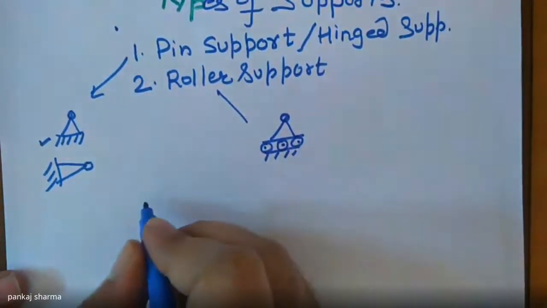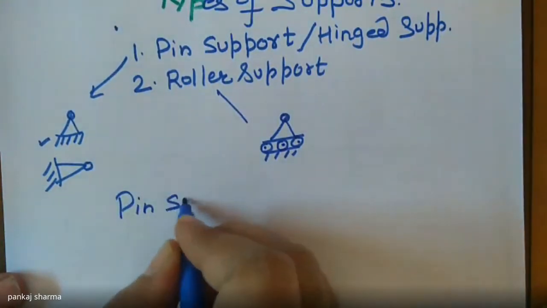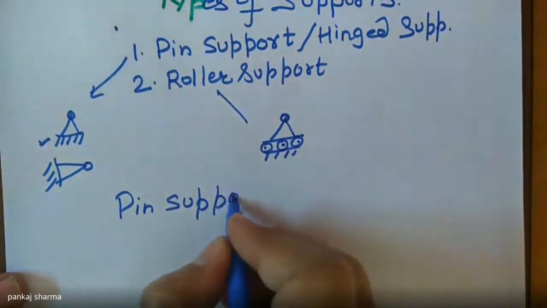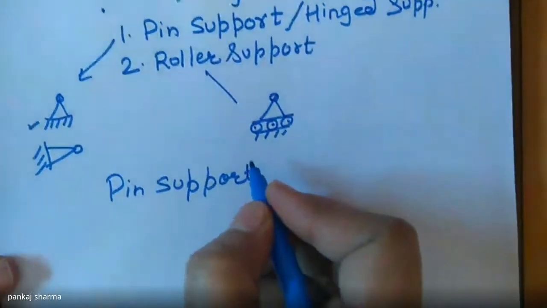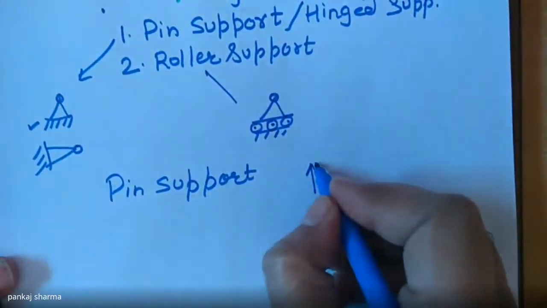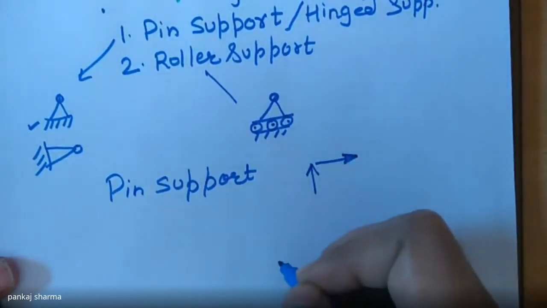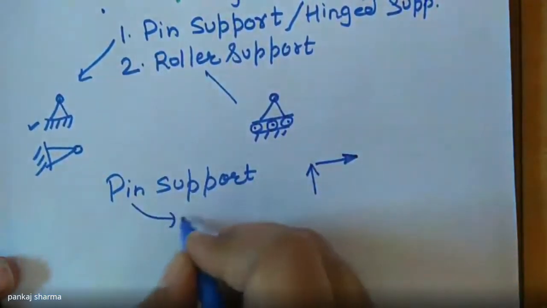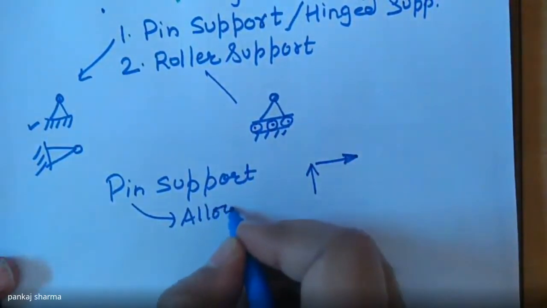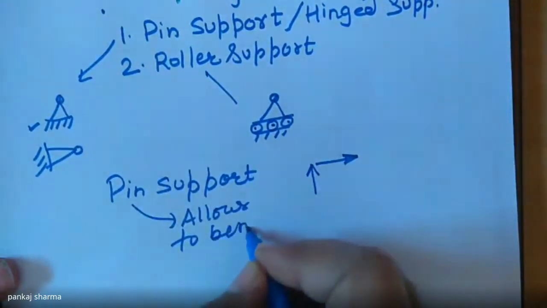The pin support provides vertical reaction and horizontal reaction, but no moment reaction, because the pin support allows the beam to bend or rotate.